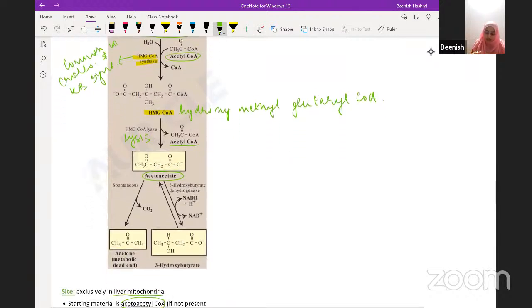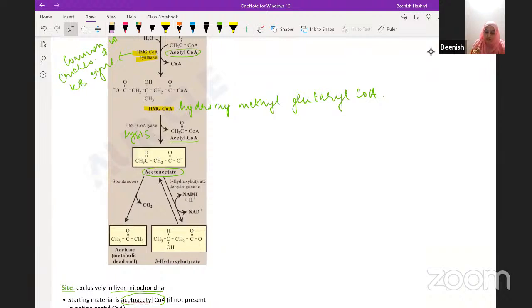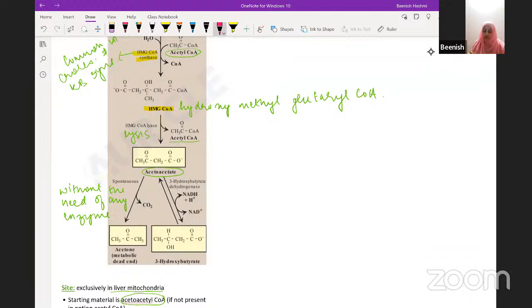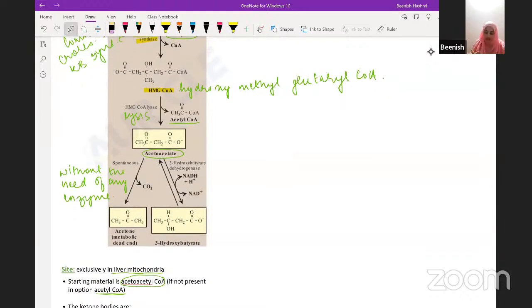Now, this acetoacetate may undergo spontaneous decarboxylation, that is, without the need of any enzyme, to form acetone, or via the action of 3-hydroxybutyrate dehydrogenase, it can form 3-hydroxybutyrate. So your ketone bodies have been formed.